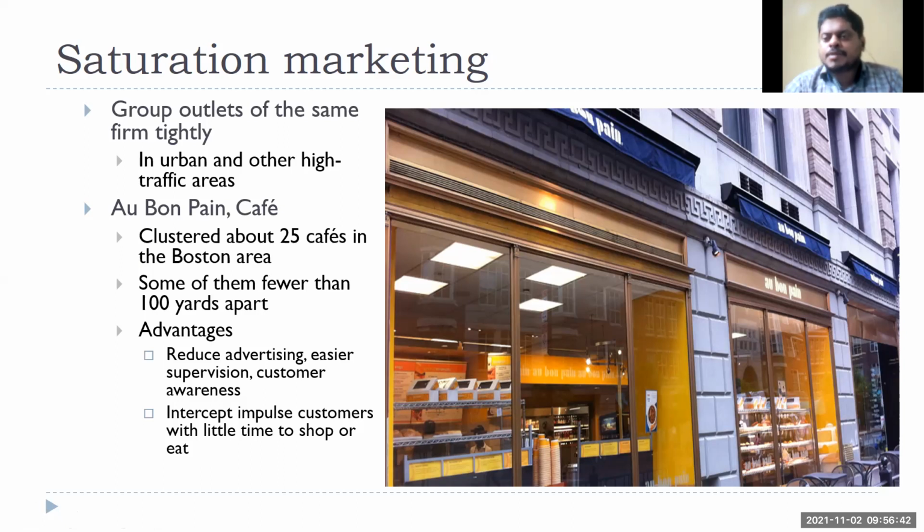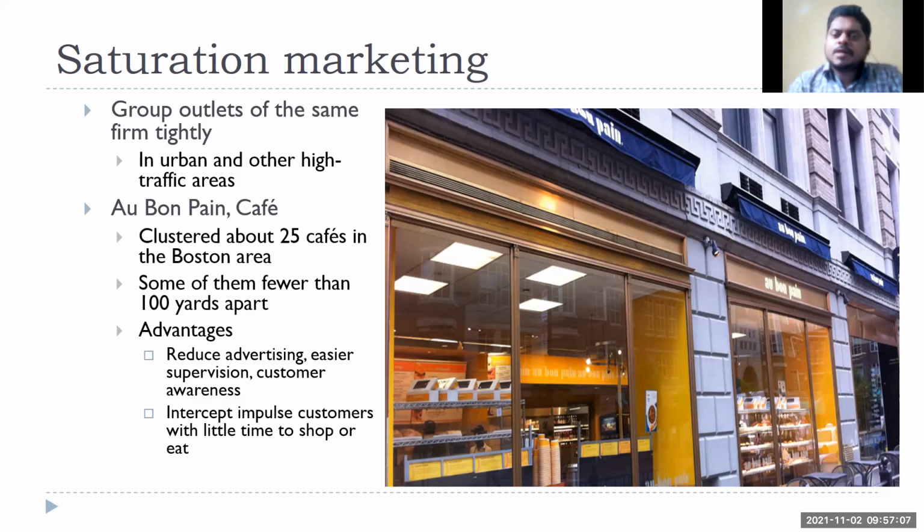You need not have each store run its own advertisement. With a single outdoor advertisement, people know that the next outlet is within 250 meters, the next showroom is at a 500 meter location, right? Easier supervision. For all the restaurants and cafes, obviously chefs and waiters will all be there, right? But you need managers and administrative people who are managing those.